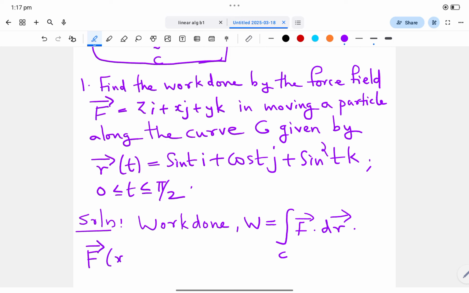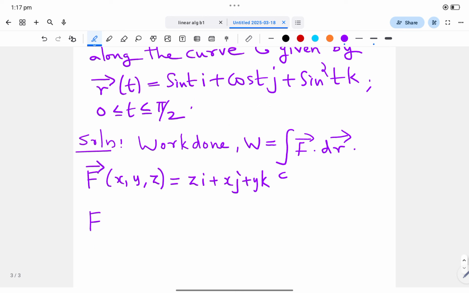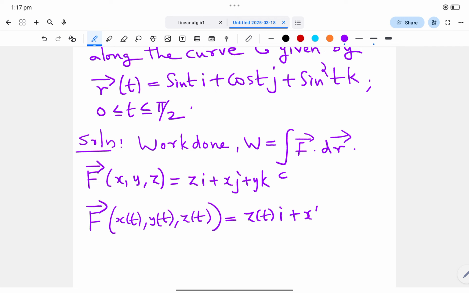First of all, the given field is F of xyz, given as Zi plus Xj plus Yk. In the parametric form we can express F of xyz as F of x of t, y of t, z of t, in terms of t. This will be z of t i plus x of t j plus y of t k.